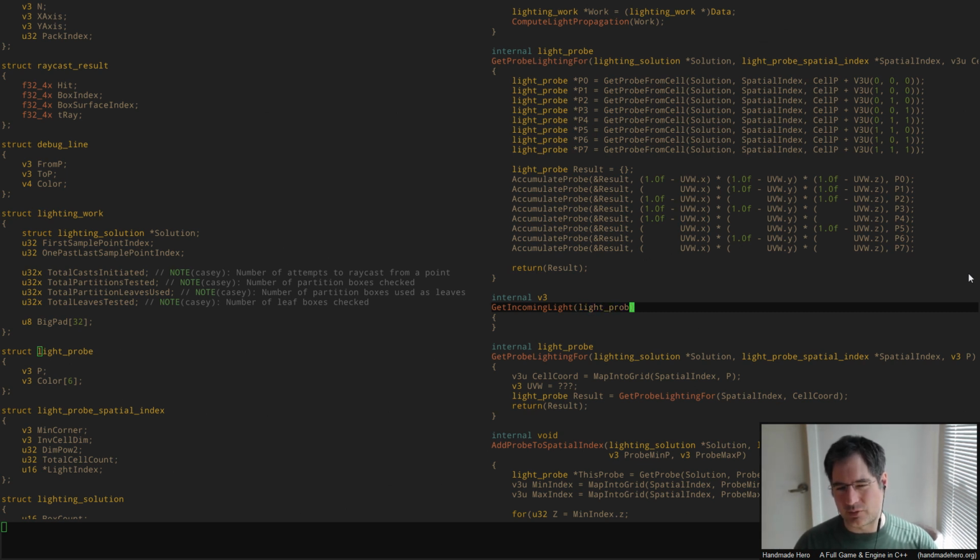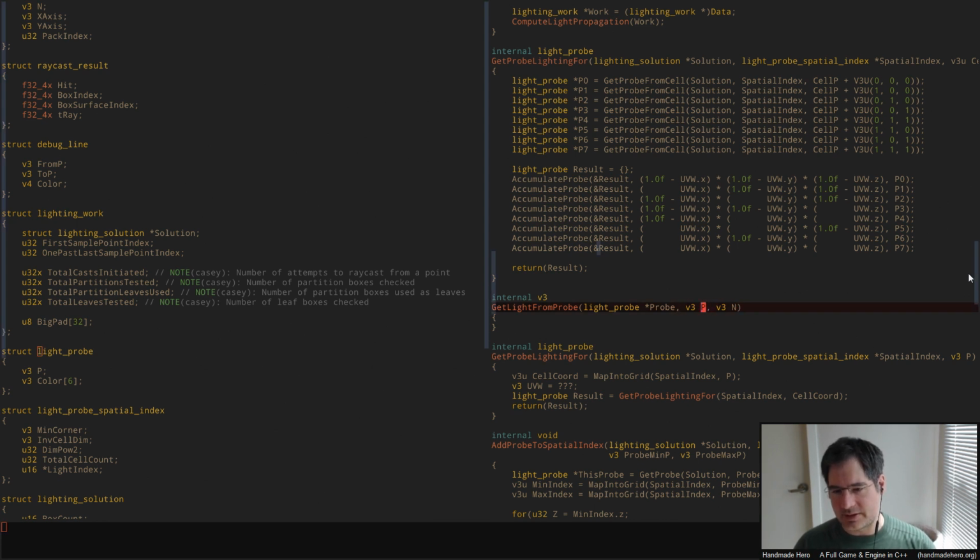If we have, or light with probe, something like this. So in here, if we say, look, give us a probe and give us a position and a normal, we're supposed to be able to return the light.